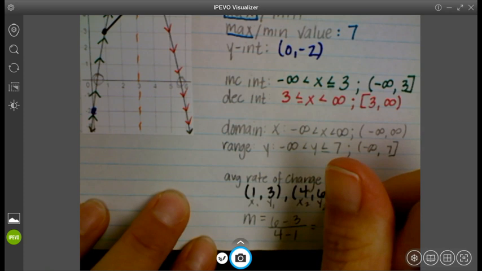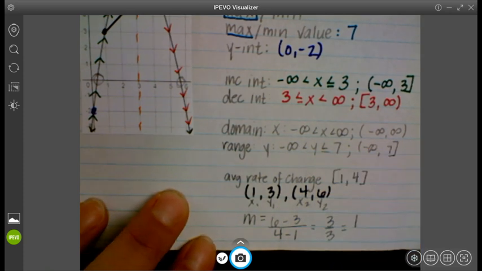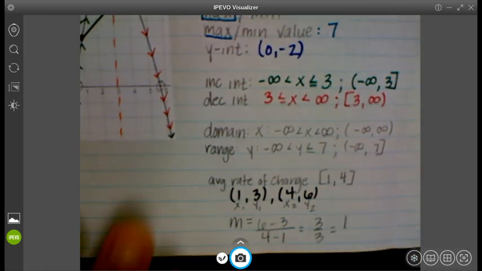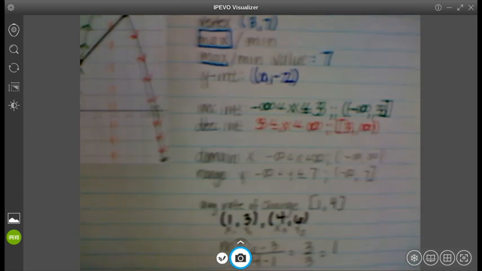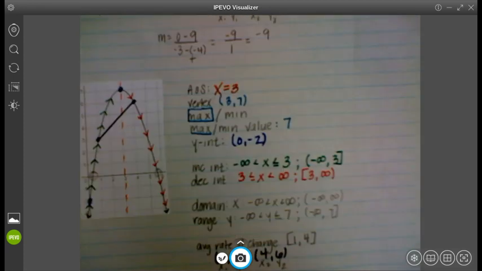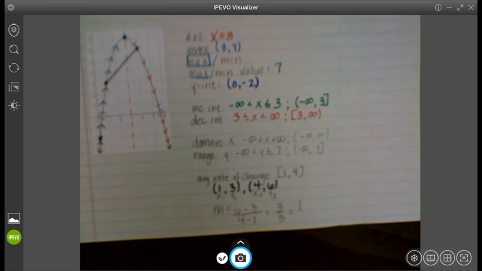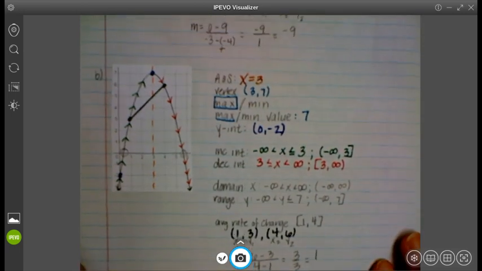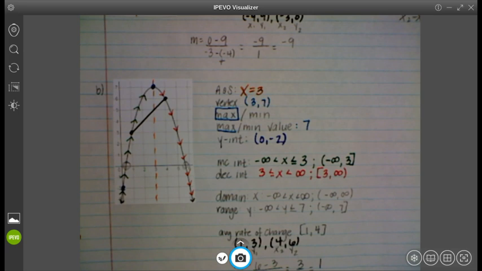That's going to give us 3 over 3, which equals 1. And that is our properties of parabolas.